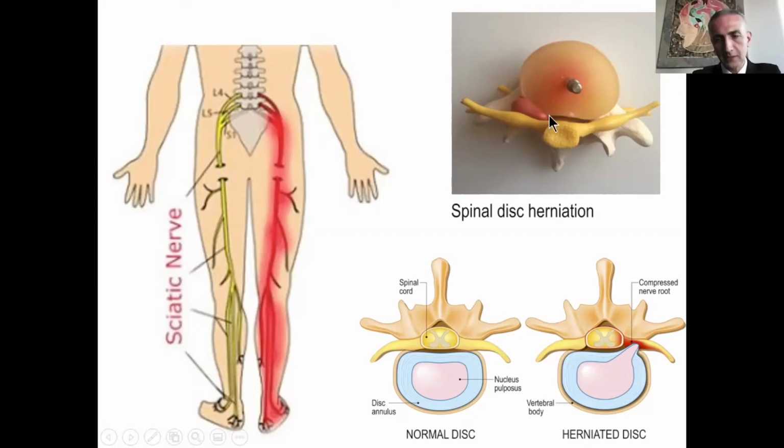And you can see on this image here, illustrated, it can cause compression on the nerve root. And then as a result of that, if this is one of the nerve roots which forms the sciatic nerve, the patient experiences pain along the sciatic nerve, which is back of buttock and also back of the leg.